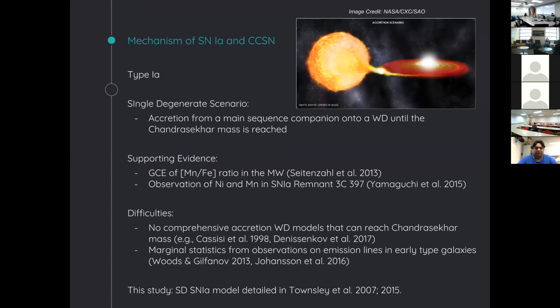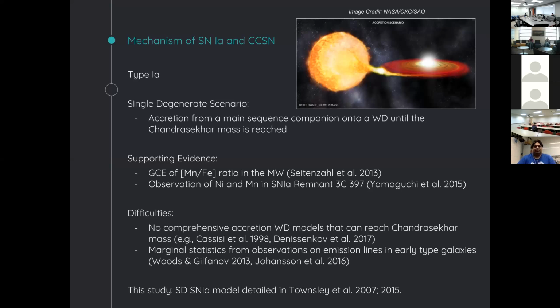Observations in Johansson et al. 2016 exclude high temperature single degenerate scenarios to the degree that only around 3 to 6% of type 1A supernovae can be caused by the single degenerate case.